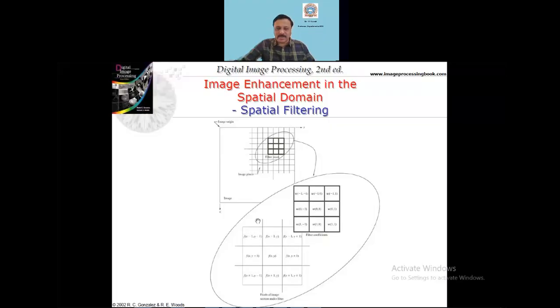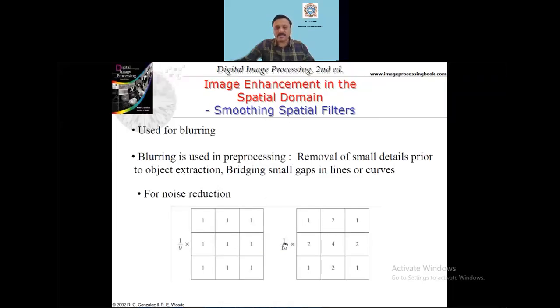That means the weight is multiplied with the pixel value here, and whatever result you get will replace the center pixel. This is how the spatial domain operation takes place. I have some weight, you multiply that weight with the original pixel value at that location, do it for all the 9 pixels, and then whatever value you get, replace the center pixel by that. We will take an example to illustrate this.